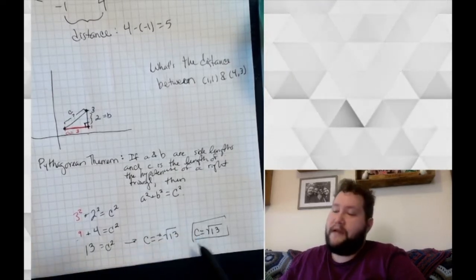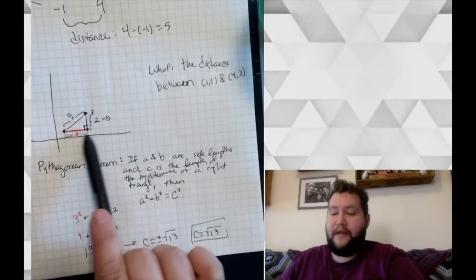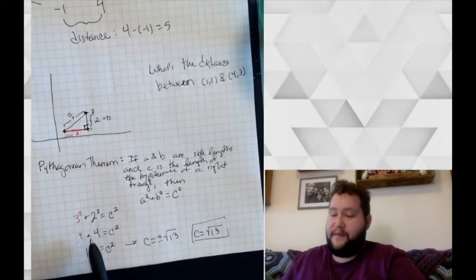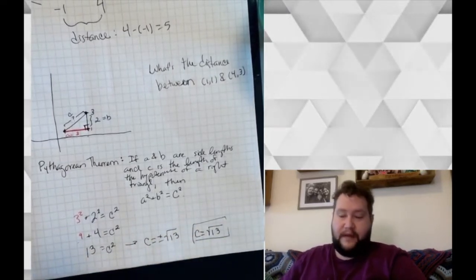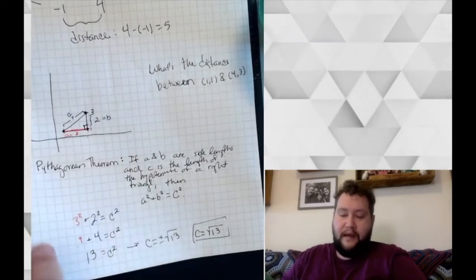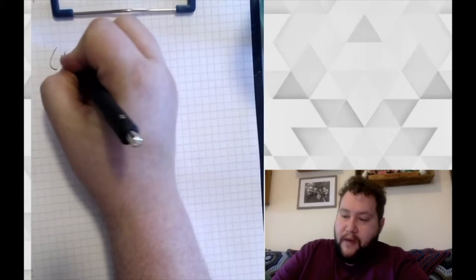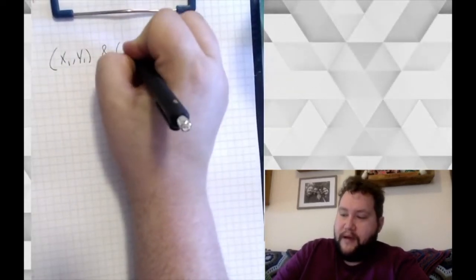So whenever you're finding the distance between 2 points, you plot them, you find their x distance, their y distance, and then we use the Pythagorean theorem to find the distance between them. Now what if I want to know, just generally, between any 2 points? Suppose I have a point x1, y1, and x2, y2.